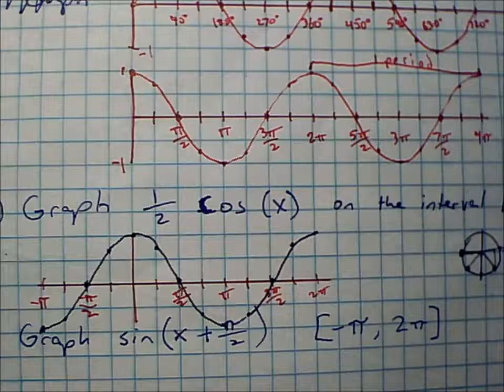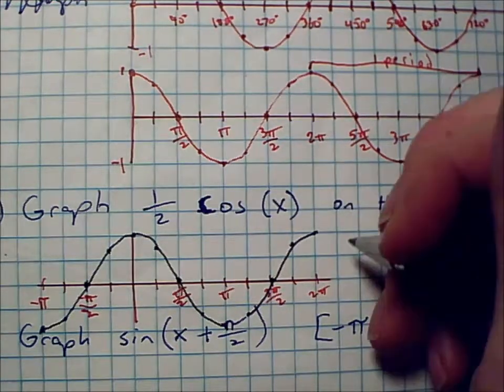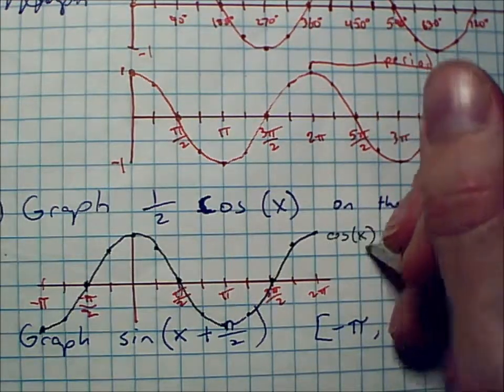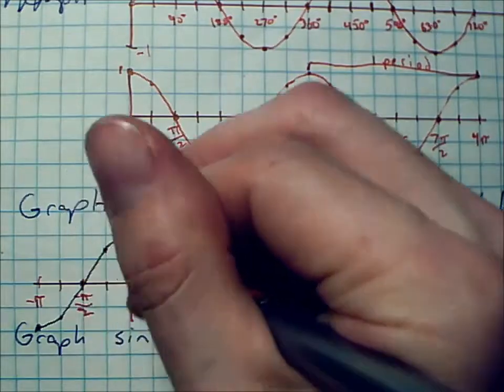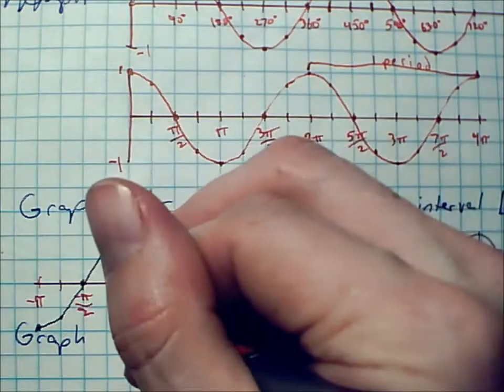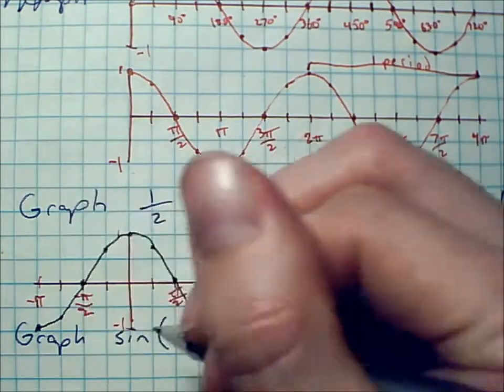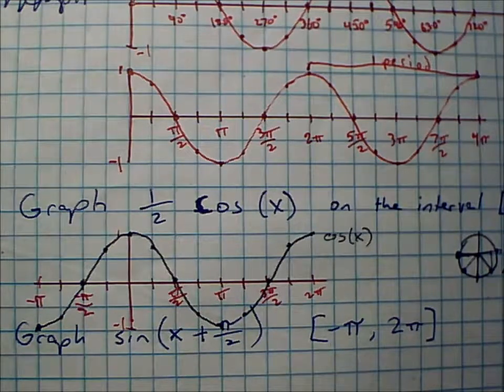Now, we want to graph half of cosine. By the way, I should label my y-axis. Here's positive 1, and here's negative 1. Okay, cool.